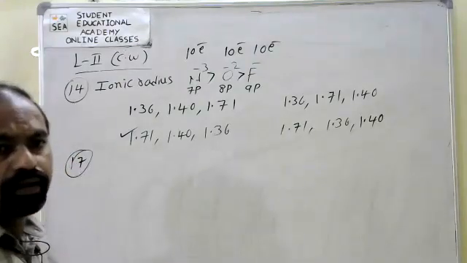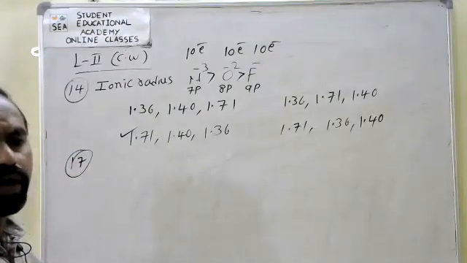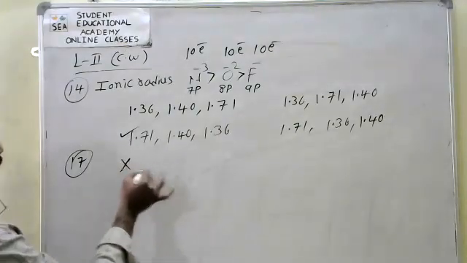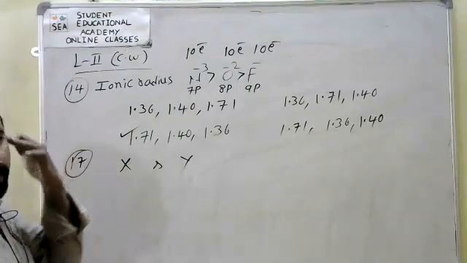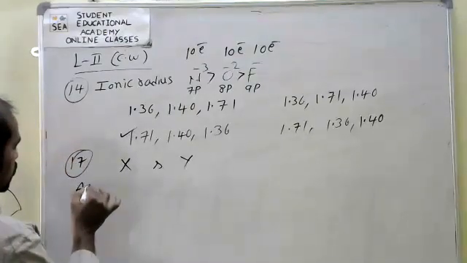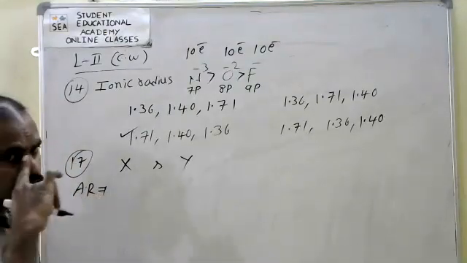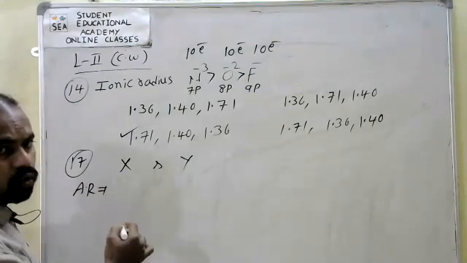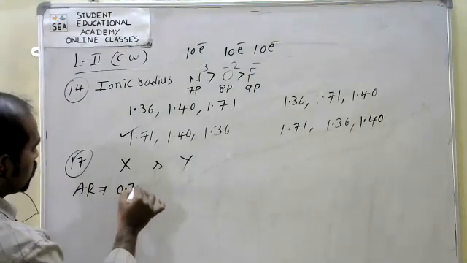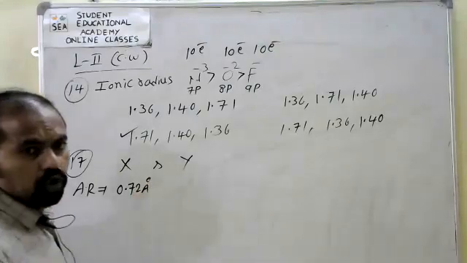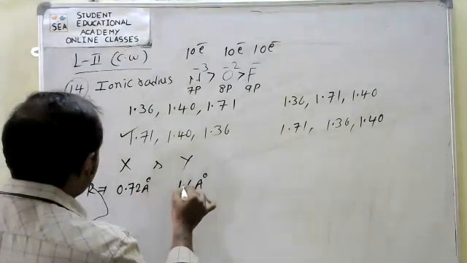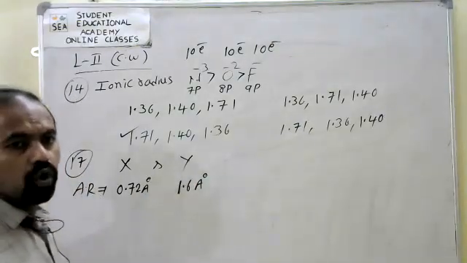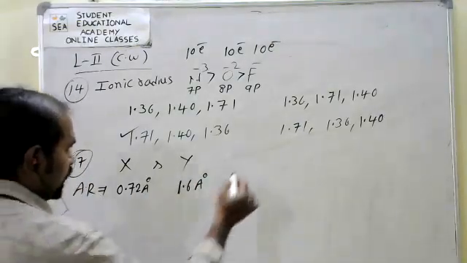See, here are the atomic radii of two elements X and Y. They are given as 0.72 angstroms and 1.6 angstroms. What are the X and Y elements?